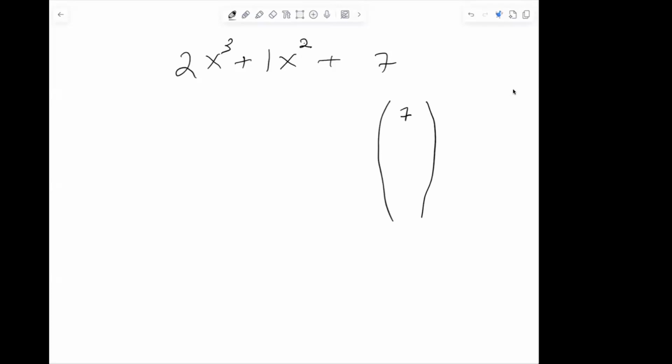I will do it a little bit differently. Do you agree? Does it make sense? Okay, let's do another polynomial. What about this polynomial? It's a polynomial, right? That would be very simple.